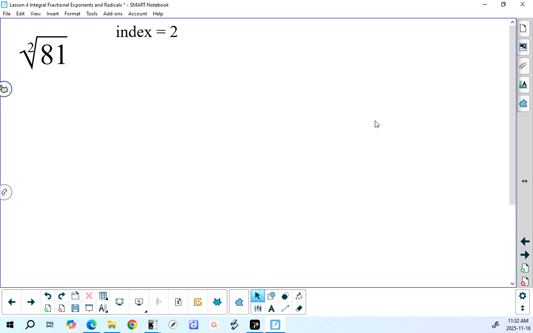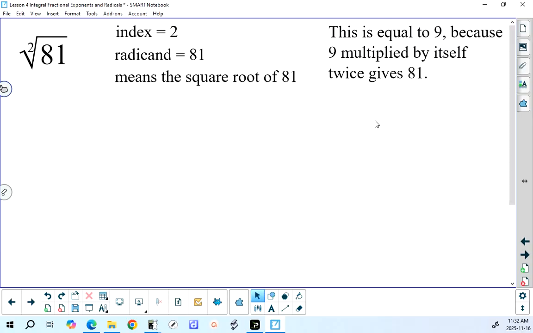So the index is 2, the radicand is 81, and it means the square root of 81. The square root of 81 is equal to 9, and there's a reason for this. It's equal to 9 because when you multiply 9 by itself twice, you get 81.